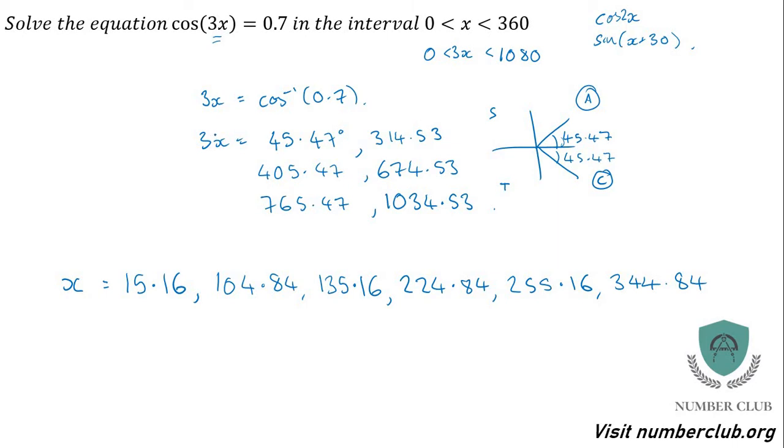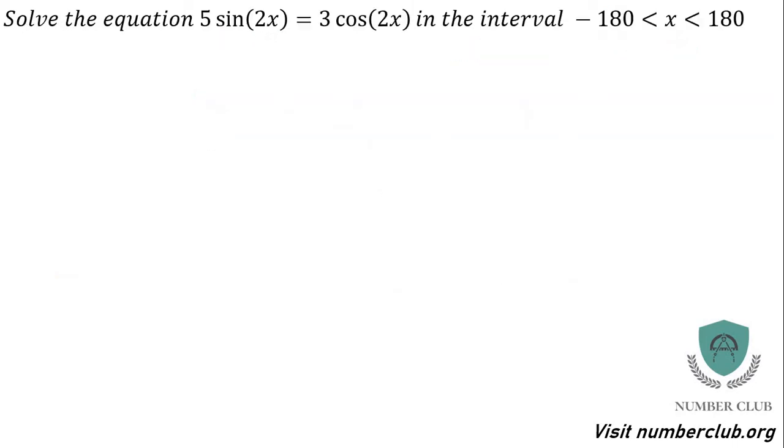Okay, so let's move on to this question. We have to solve the equation 5 sine of 2x equals 3 cos of 2x in the interval negative 180 up to 180, and sometimes people find this a little bit more difficult. Negative 180 up to 180 for x would be negative 360 up to 360 for 2x.